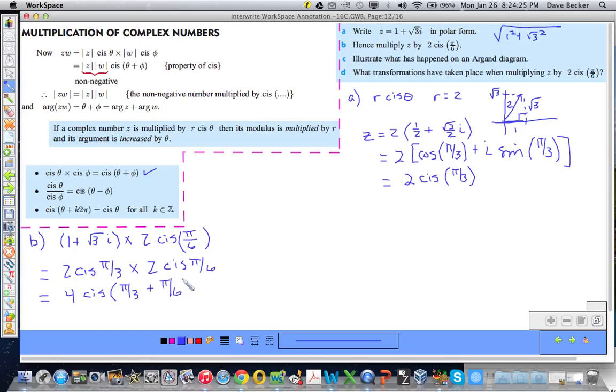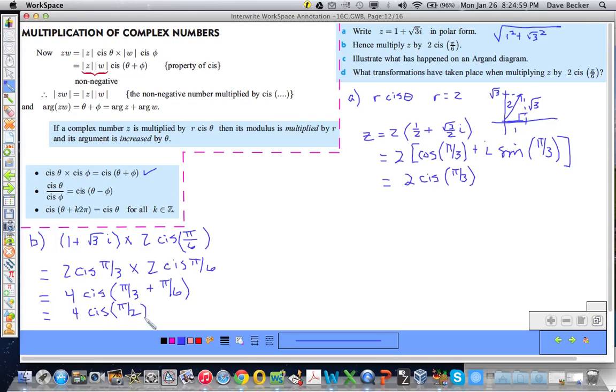We have just shown that if a complex number z is multiplied by r cis theta, then its modulus is multiplied by r. So here's r, and in polar form 2 times 2 gives me the 4, and its argument is increased by theta. Pi over 3 is increased by pi over 6. So this becomes 4 cis pi over 2.